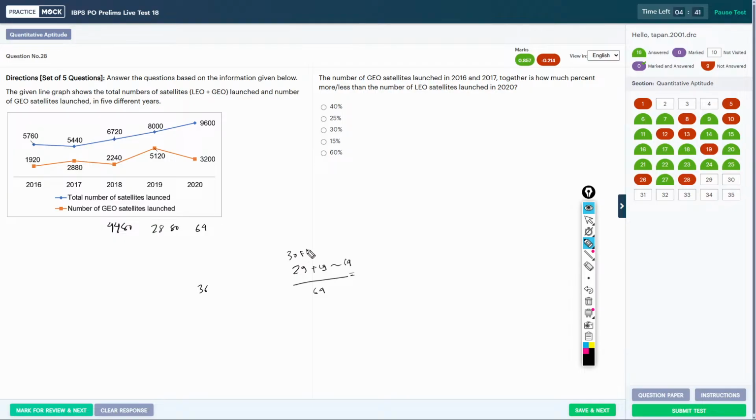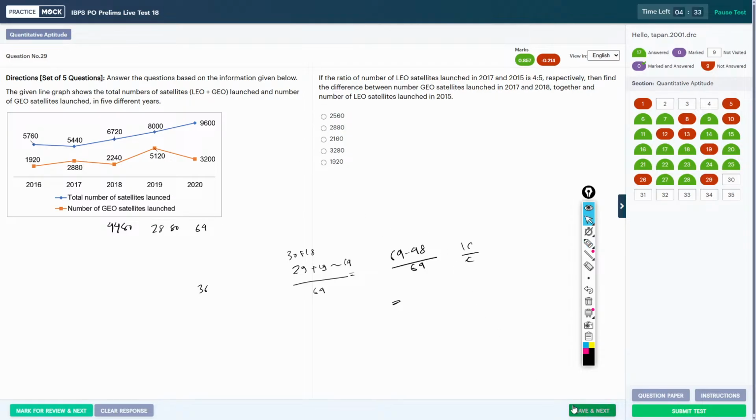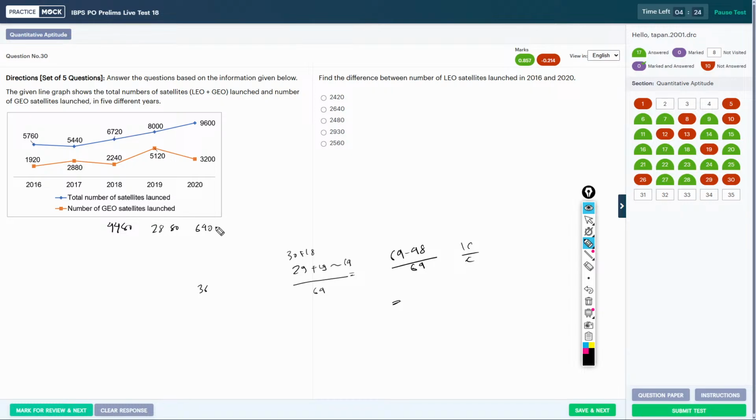So 30 and 18, 40, so 64 minus 48 by 64. This is 16. So 1/4 means 25. I don't know the number of LEO satellites in 16 and 20. So in 16, it's going to be 40. So 60 to end with only one option.